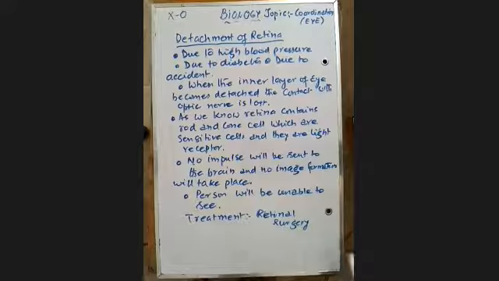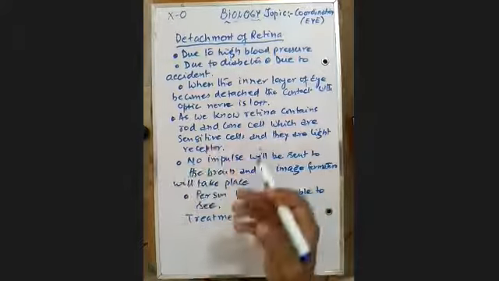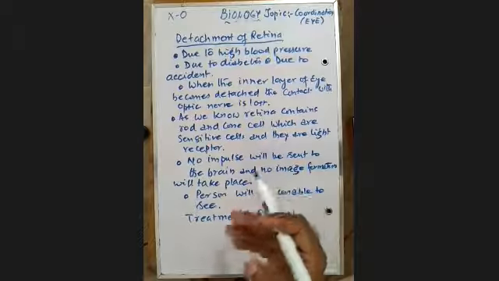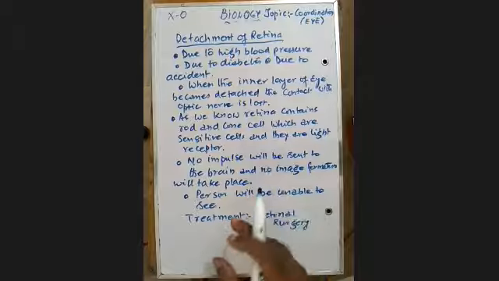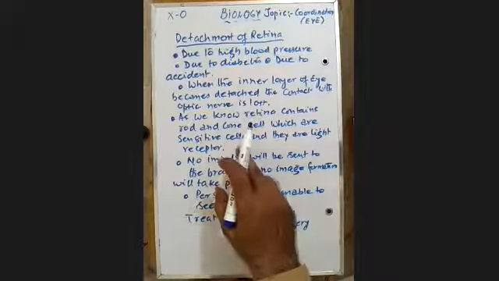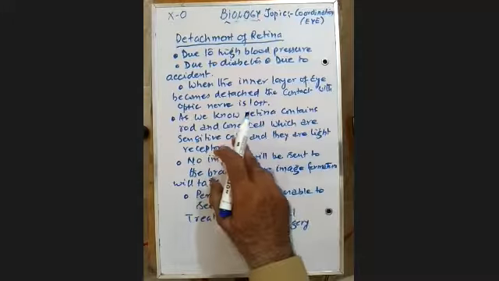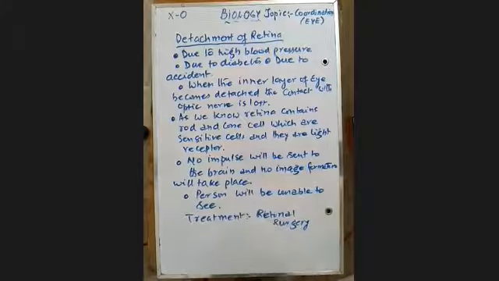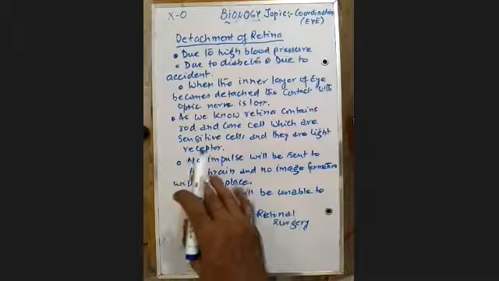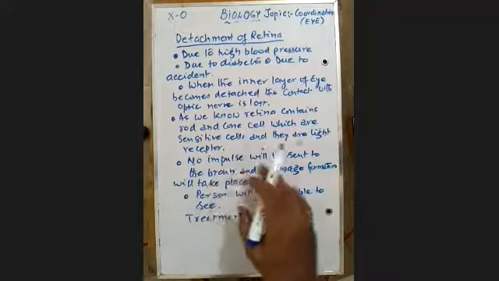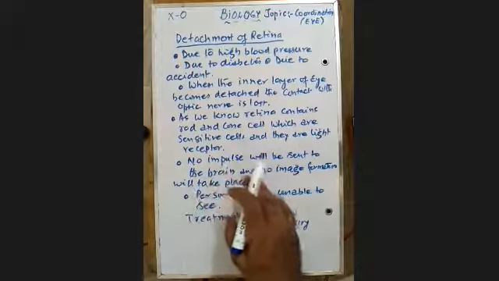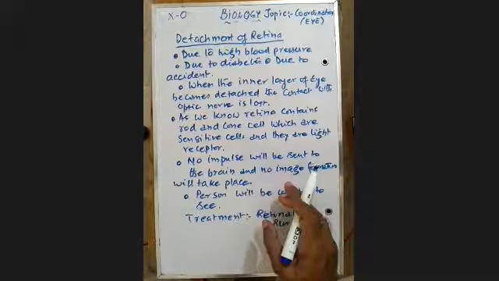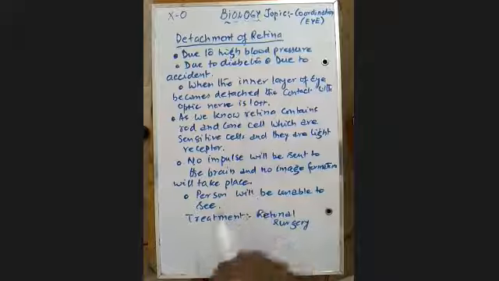I'll repeat it again. What happens in detachment of the retina? Due to high blood pressure, diabetes, or accident, the inner layer of the eye becomes detached, and the contact with the optic nerve is lost. We know that the retina contains rod and cone cells, which are light sensitive, light receptors, therefore image receptors.